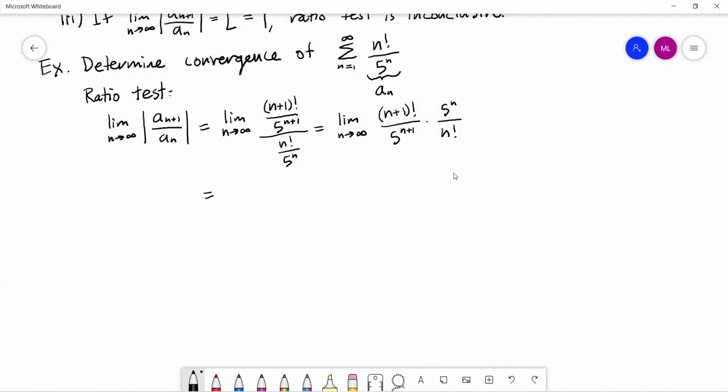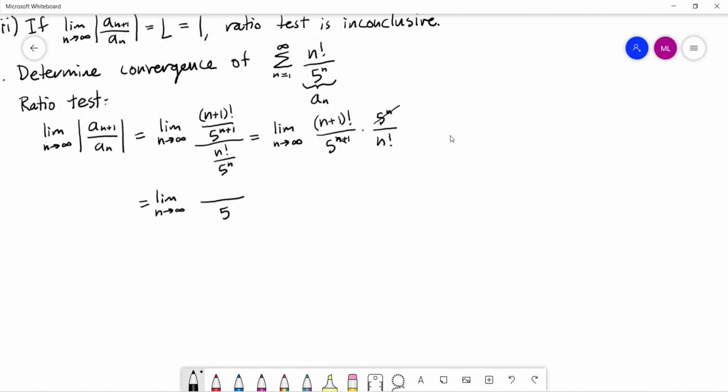So I'll come down here to a new line. I'm going to have the limit as n goes to infinity of the denominator. I'm going to be just left with a 5 as far as these two terms are concerned, with 5 to the first power left. And what about n plus 1 factorial divided by n factorial? Well, think really quickly about how factorials work. What if I had, say, 4 factorial divided by 3 factorial?